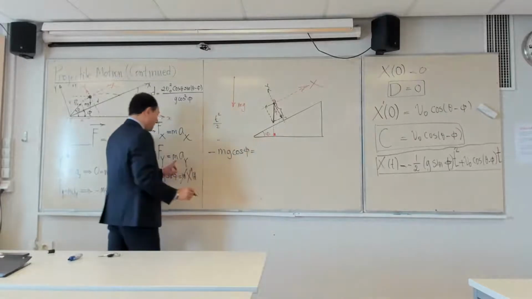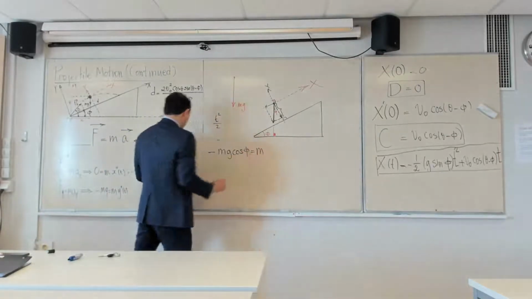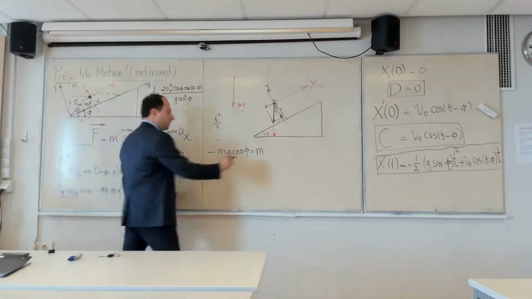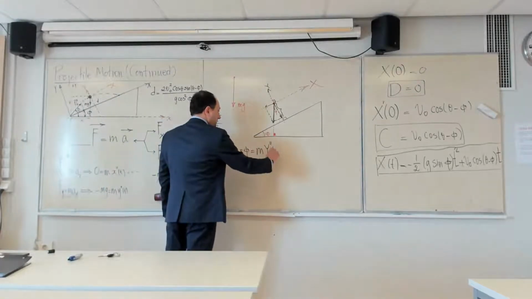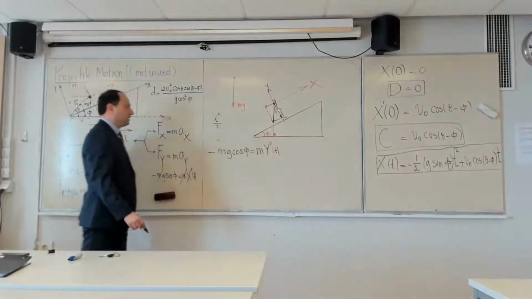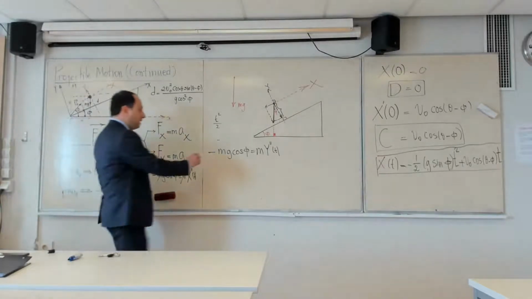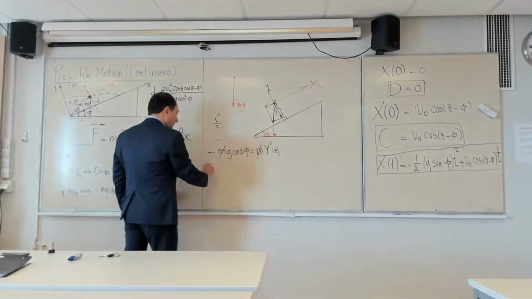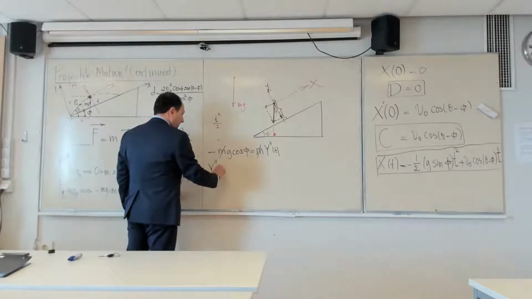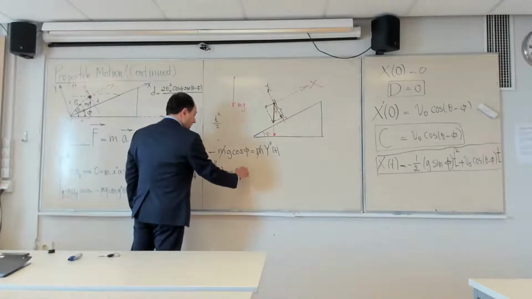On the right-hand side, I have m. But what can I write for ay? I can write y double prime of t. That's the acceleration in the y direction. And then this time, m and m are cancelled. So what I get is y double prime of t is minus g cosine phi.